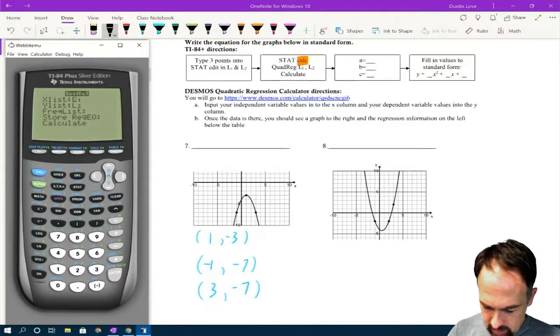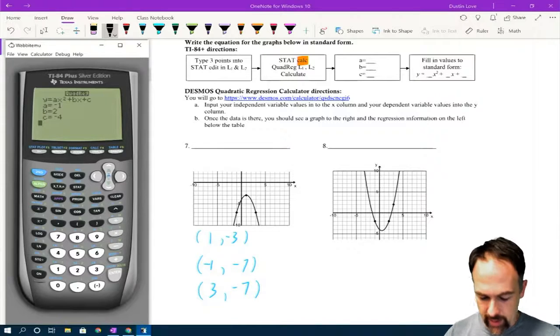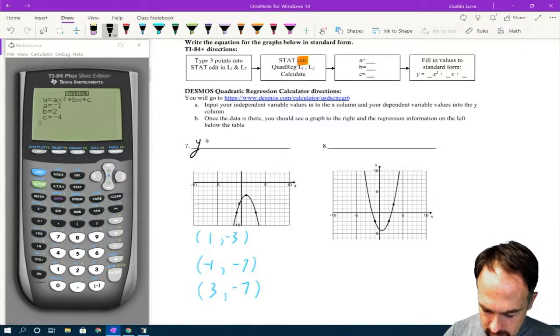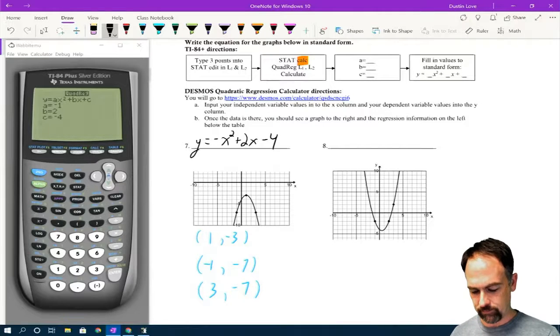It's going to ask you for L1, L2, just arrow all the way down and hit Calculate. It's going to give you your A, B, and C values. So I know my equation is y equals negative x squared plus 2x minus 4.